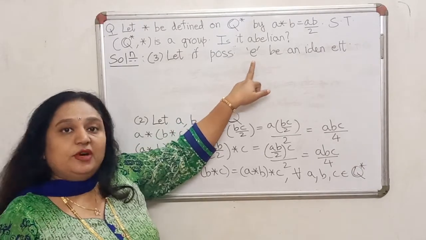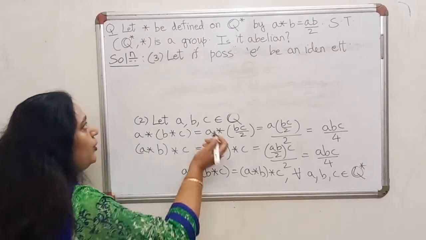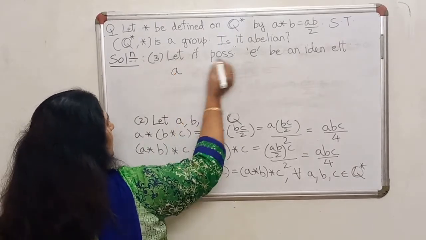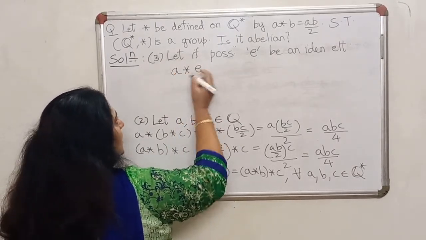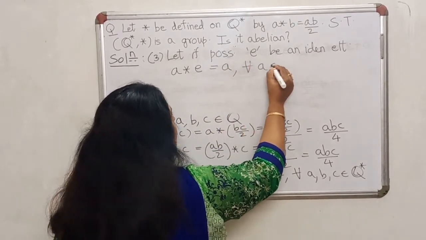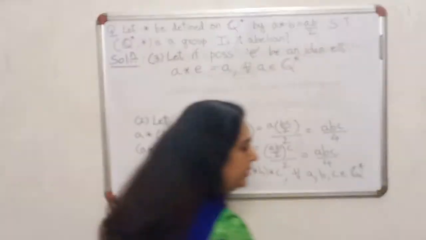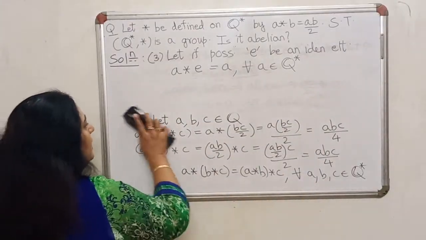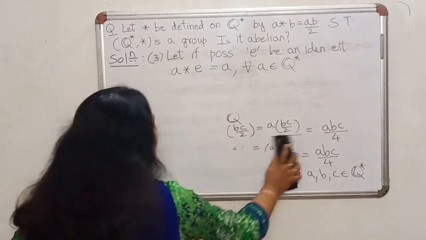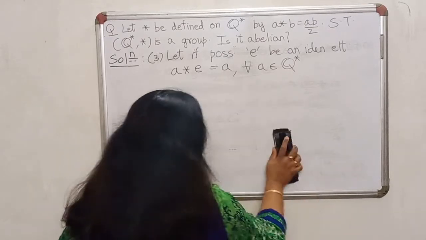But if this were to be the identity, what would be my expectations from this element? Naturally, if I combine this with any other element of the given set, I would expect it to give me back the same element. So A star E should always give me back the element A, if E is going to be my identity.